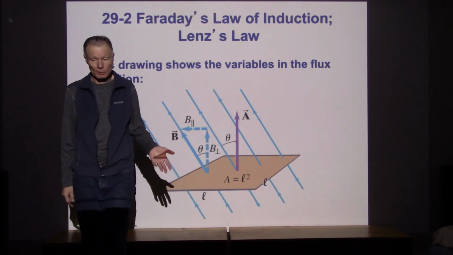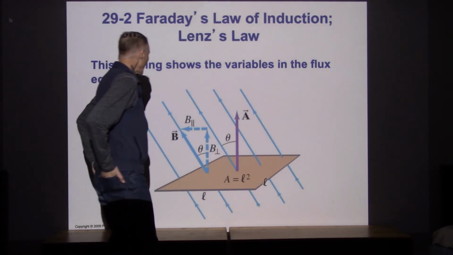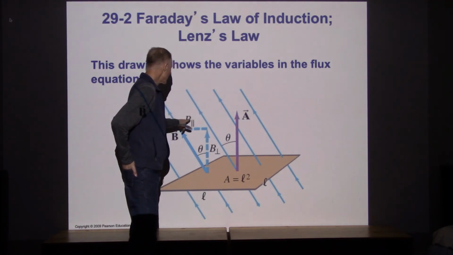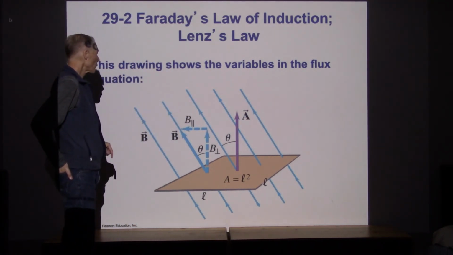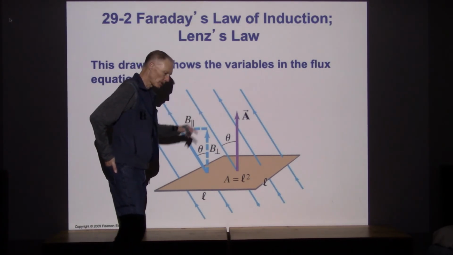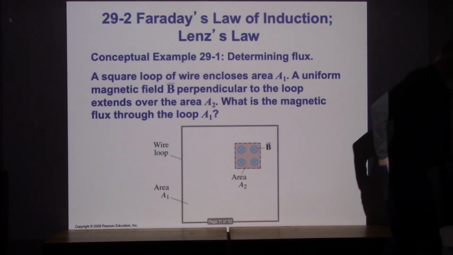So another example of using area vector definitions. And when we take the dot product between the area vector and the magnetic field, it's going to pick up the component of magnetic field that's in the same direction. So that's how flux works.